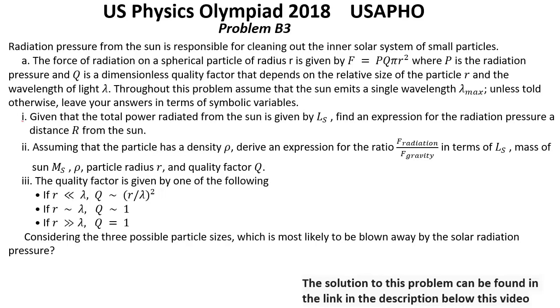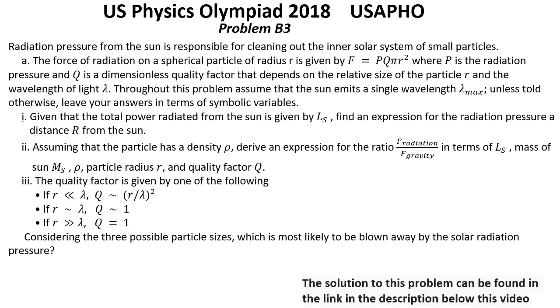II. Assuming that the particle has a density ρ, derive an expression for the ratio F radiation over F gravity in terms of Ls, mass of Sun Ms, ρ, particle radius r, and the quality factor Q.